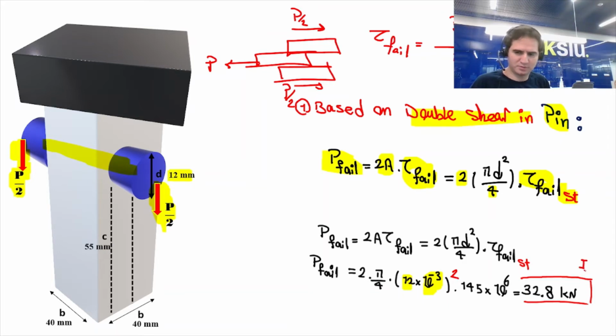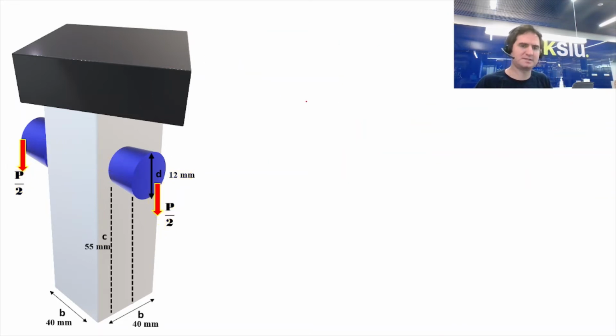Let's call it equation 1. This is one possibility for P failure, the force of failure in this structure. Let's see what else we can have.